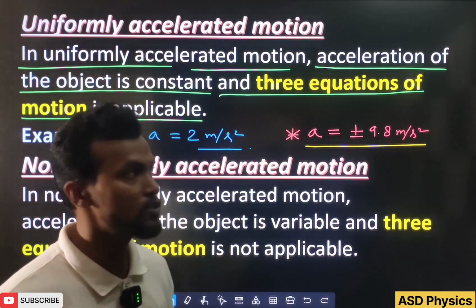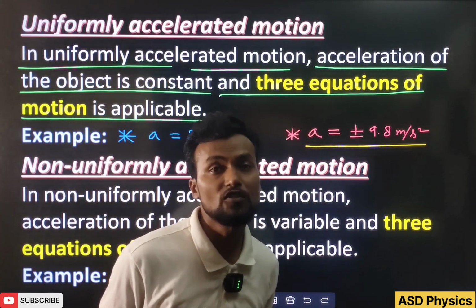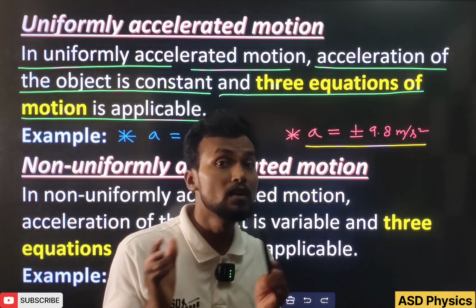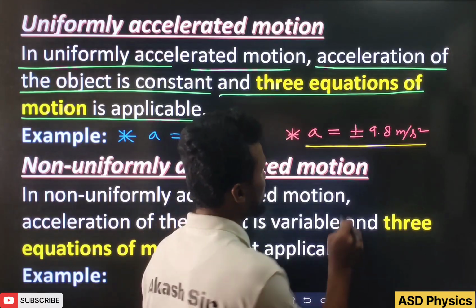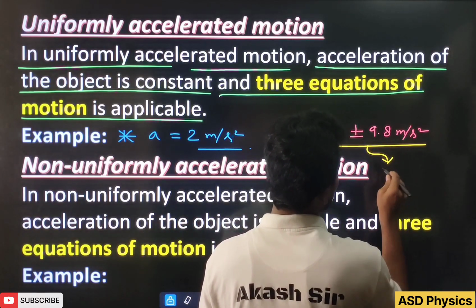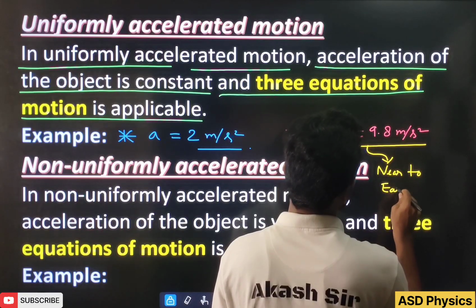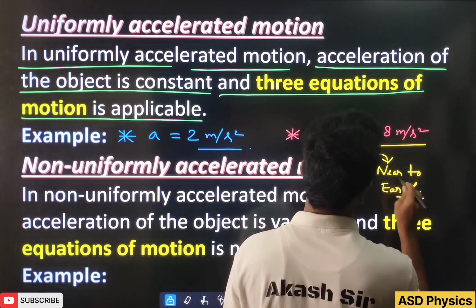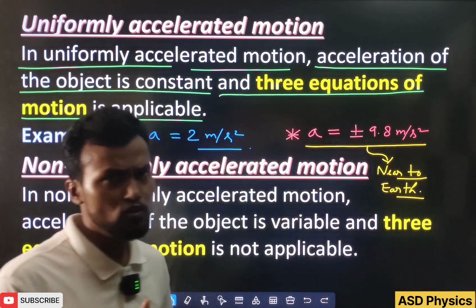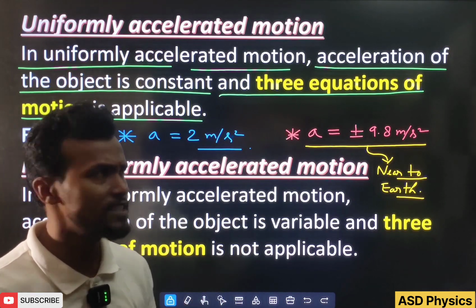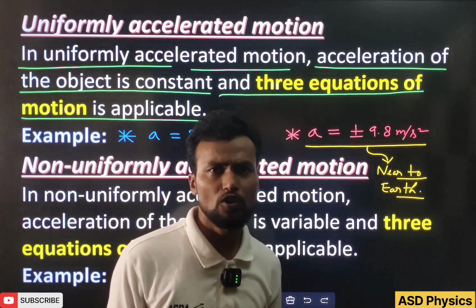So in this situation also we can apply equations of motion, that we will learn under motion under gravity. But remember that this is valid near the earth. Later in the chapter of gravitation you will see this gravity value keeps changing, and remains maximum at the surface of the earth.